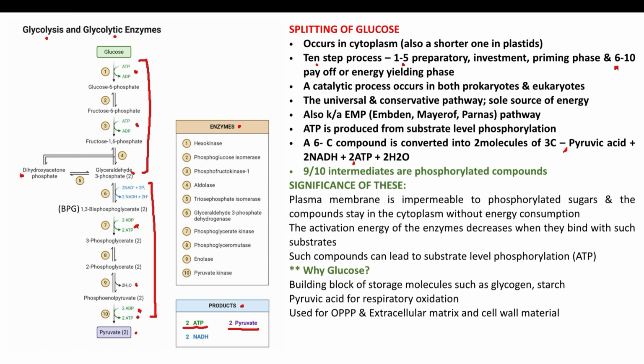Something more about glycolysis I would like to tell you is that it is also known as the EMP pathway, which stands for the 3 scientists who worked on it: Embden, Meyerhof, Parnas pathway. So glycolysis is sometimes also known as the EMP pathway.